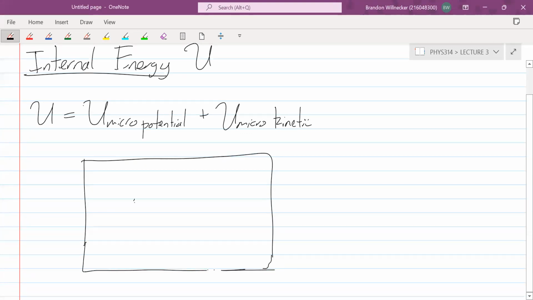Okay, so let's say we consider two atoms, number 1 and number 2. The first atom has velocity v1, the second one has velocity v2. And then there's some separation between them, r12. That's the distance between them. The micropotential is the total potential energy within the system.